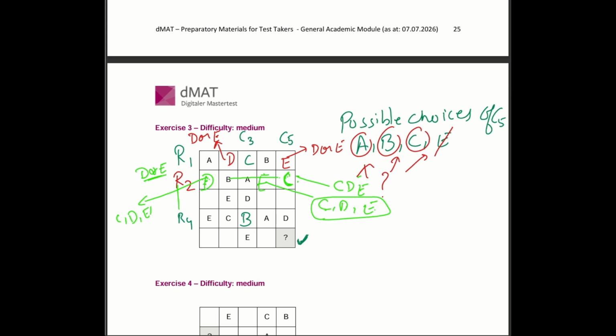So here we are going to take D and here we are going to take E.